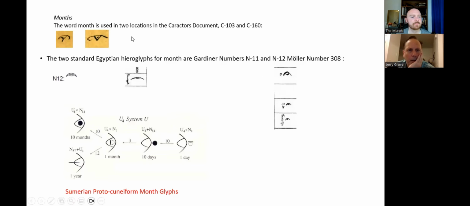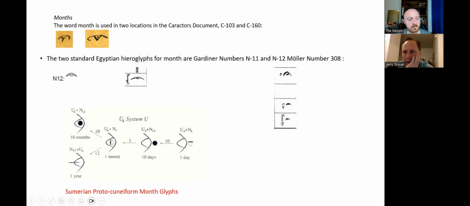The word month is used in two locations, C103 and C160, in the characters document. I show you the two standard Egyptian hieroglyphs for month: this N12, and then the Mueller number is 308 over here. So it has the same form.